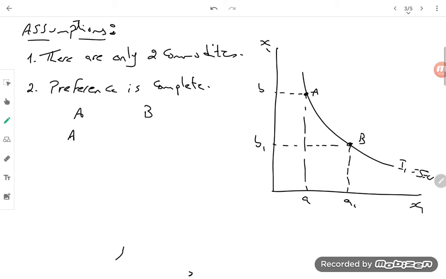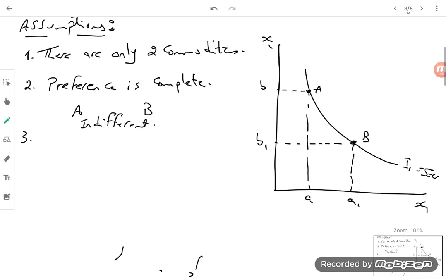If you couldn't prefer one basket to another, just like this example, A and B, you are going to get the same satisfaction of each one of them, so you are indifferent between bundles A and B. So preference is complete means that you are indifferent between the two bundles.